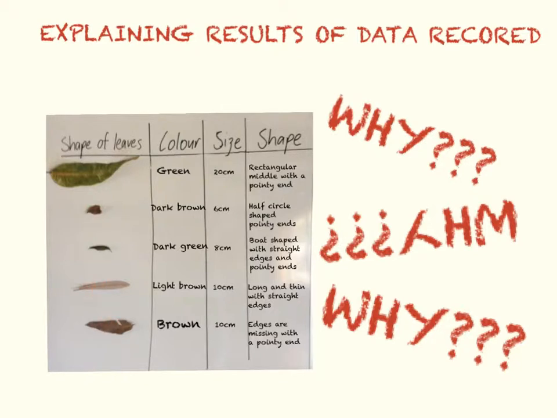We recorded all of the data. We looked at the color, the size, and the shape of each of the leaves that we found. Okay, we did this together. You even had a chance of doing your own data collecting.